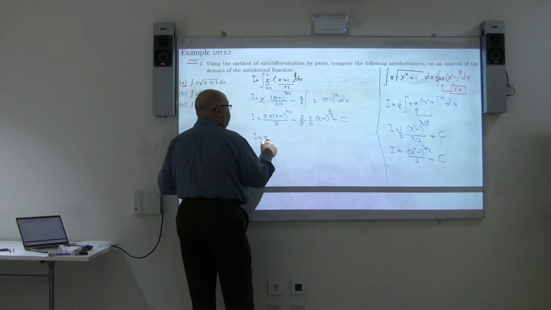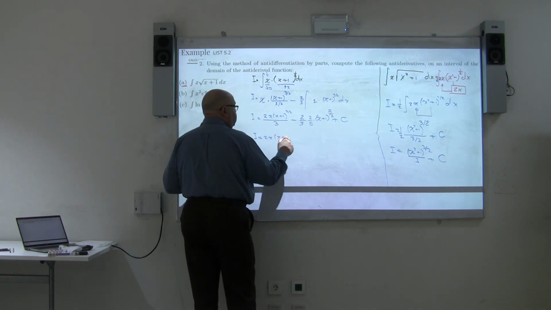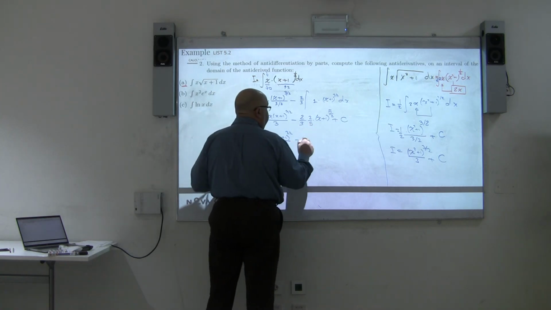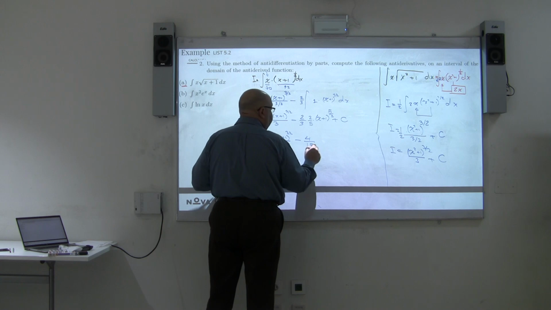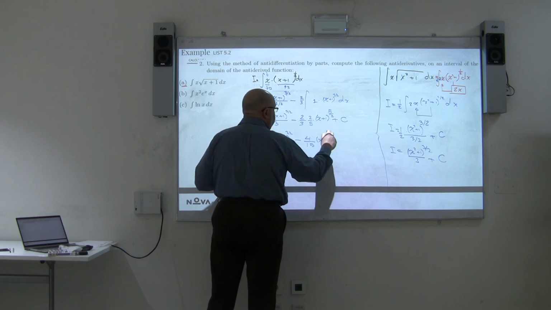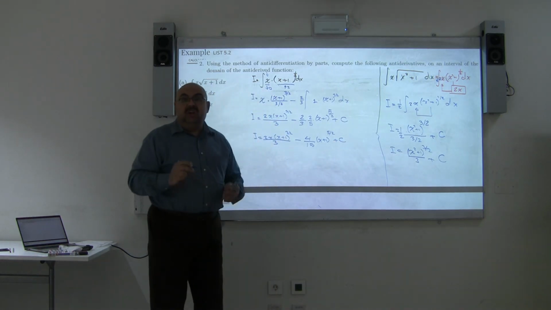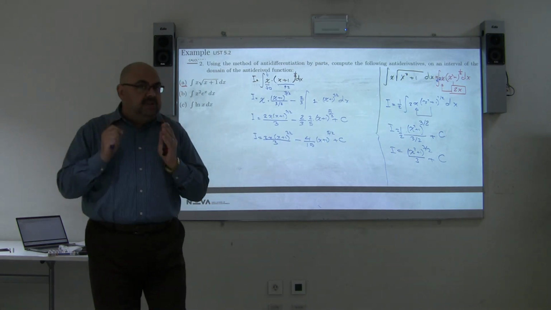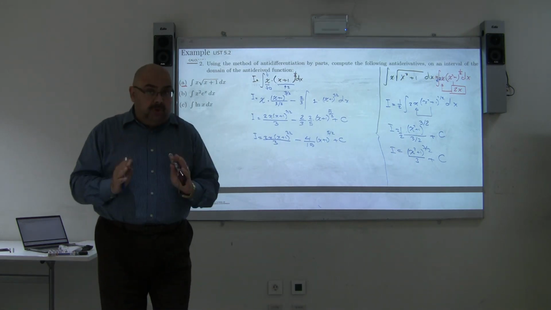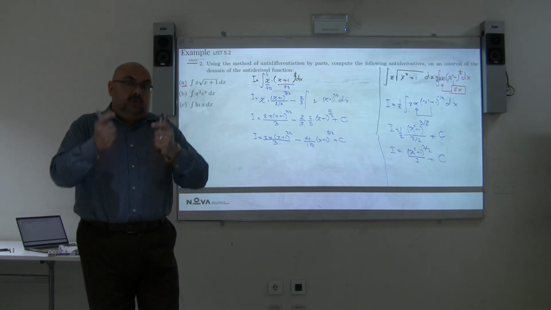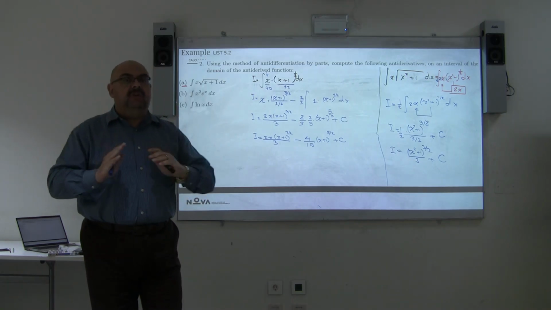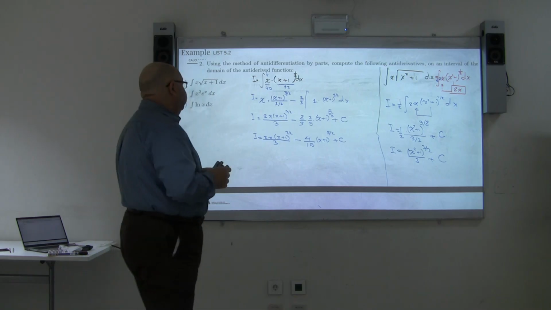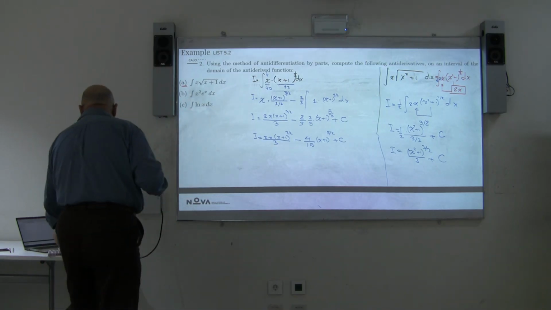So I will be 2x times (x plus 1) to the power of 3 over 2 divided by 3, then negative 4 over 15 times (x plus 1) to the power of 5 over 2, plus a constant, as you can see. This is exactly what I'm telling you. This is how it should be done, and this is really very important. You will have to resolve it, to capture the idea. What's the difference between one problem and the other? I hope this is clear for you.